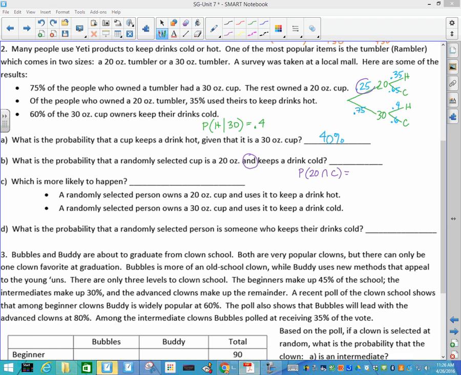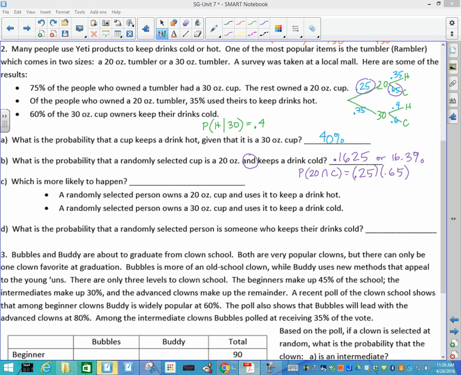That's this number and that number because that's that branch, and you're going to multiply them together. So it's 0.25 times 0.65, and that gives you 0.1625. So you can leave it as a decimal, or you can give me 16.25%, or you can give me 16.3%, but don't give me 16%, please.